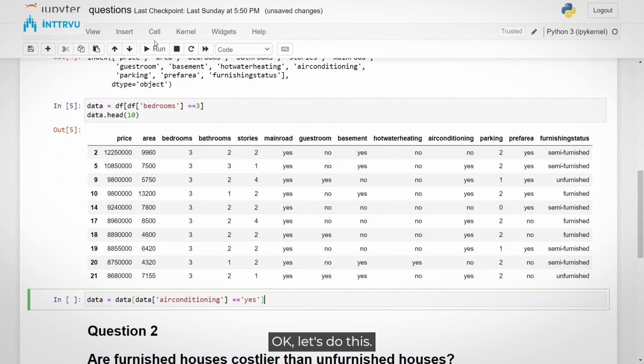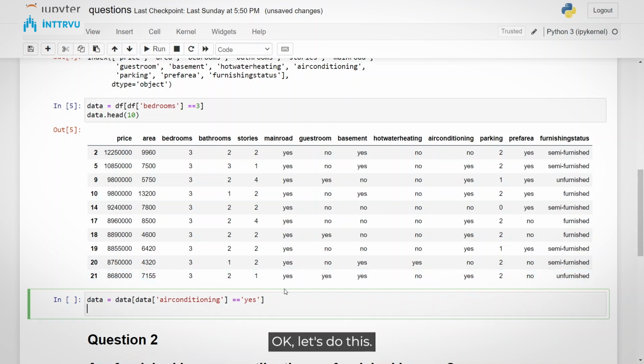Okay, let's do this. Let me run this now.